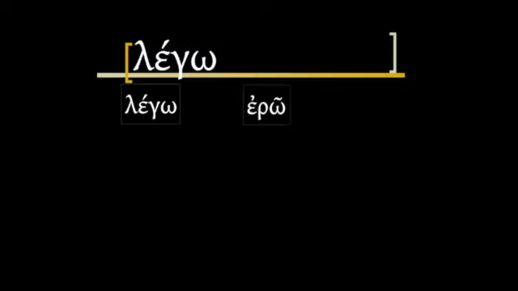Now, this is an interesting form because in the future tense, the stem is epsilon rho, and rho is a liquid, so in the future form, it's going to be a liquid future, even though it's not a liquid verb per se. And then the aorist tense stem is eipen, which is a word that you've already memorized as part of the vocabulary: he, she, or it said.